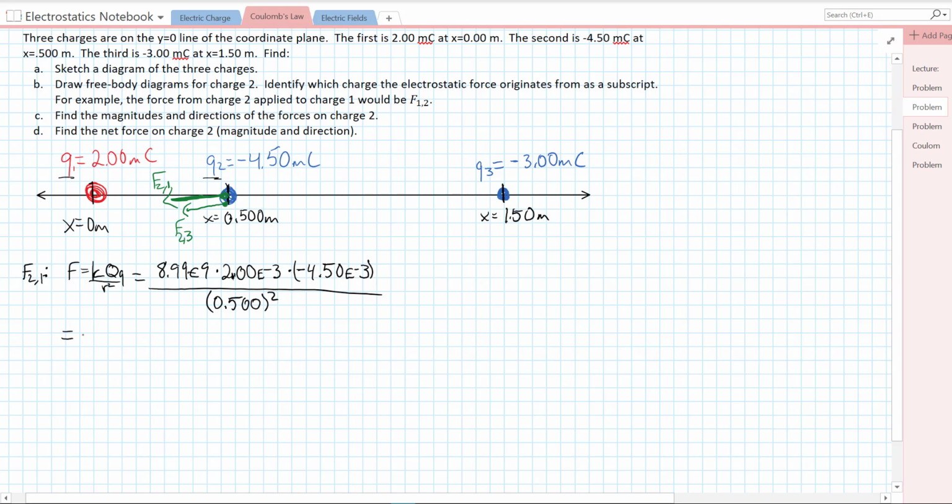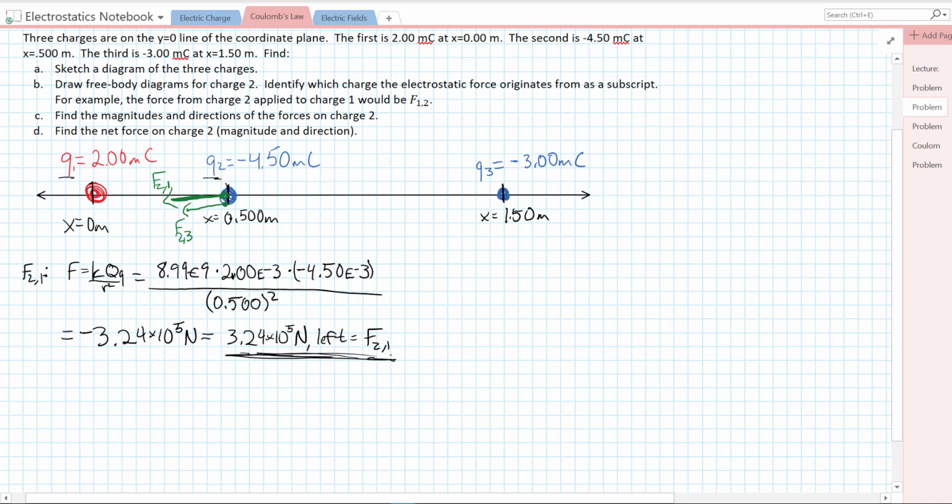The force is going to be negative 3.24 times 10 to the 5 newtons. Now this negative sign just means it's attractive, so let's be a little bit clearer and do the magnitude and direction. The magnitude is 3.24 times 10 to the 5 newtons, and the direction, we already found, is to the left. And that's the force on 2 from 1.